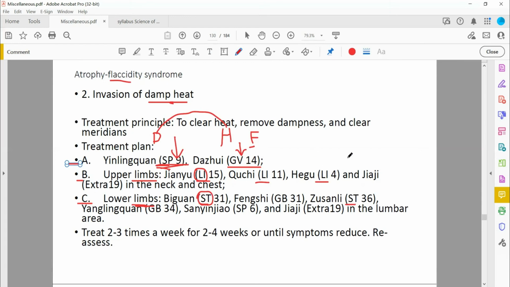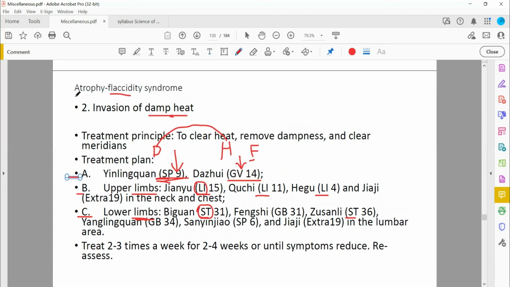Because Yang Ming meridians are full of qi and blood. Large intestine and stomach are the Yang Ming meridians. When we treat atrophy syndrome, we like to use the meridians full of qi and blood.